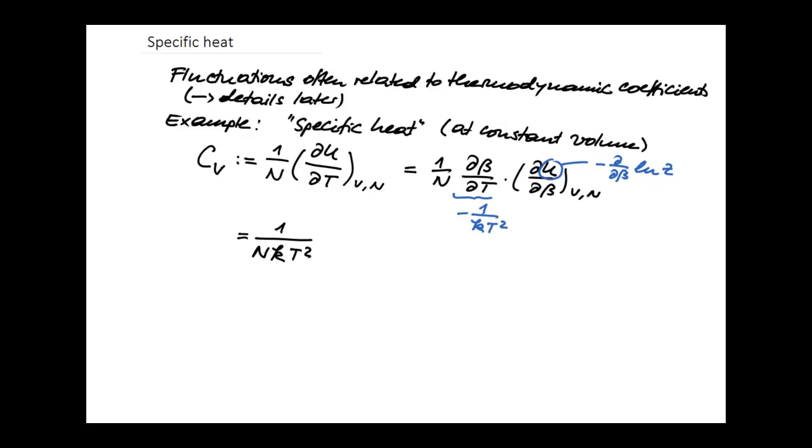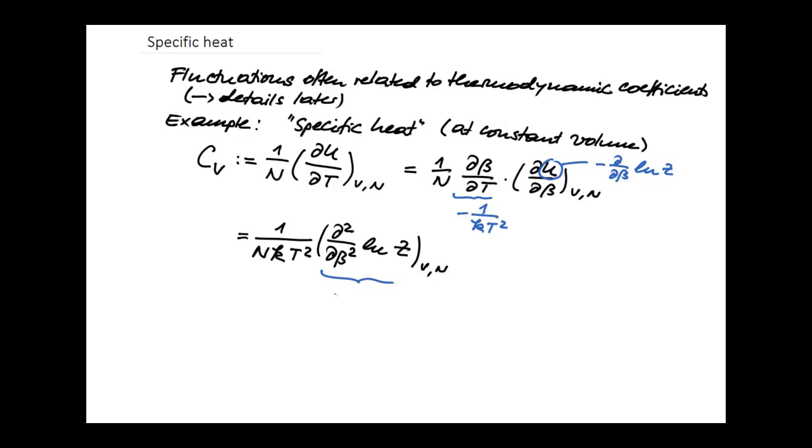And then in total we have a second order partial derivative of the log of the partition function with respect to beta, again at fixed volume and particle number.